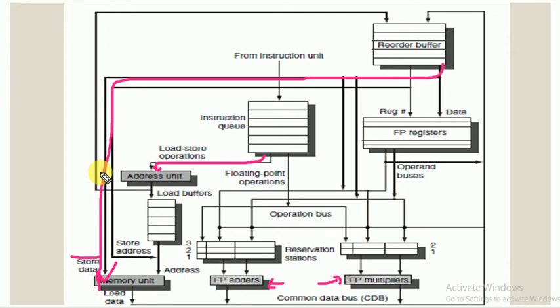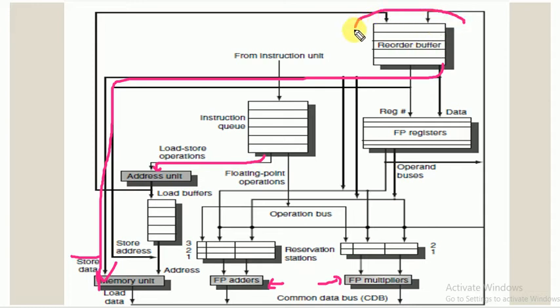So this is an enhanced version of the Tomasulo-based processor. We are using the same reservation stations here, the same common data bus, the same FP registers, the same instruction queue, address unit, memory unit, FP adders, FP multipliers, and load buffers, but the store buffer is connected to the reorder buffer.